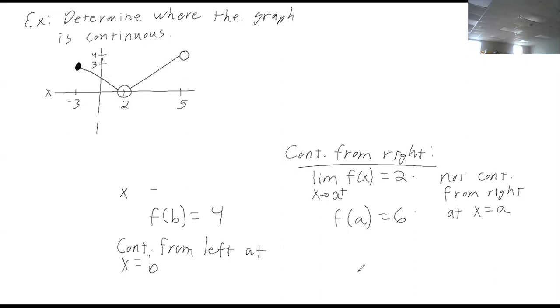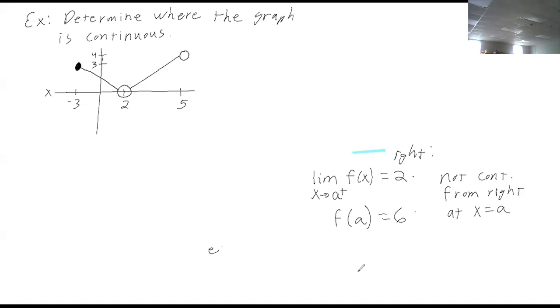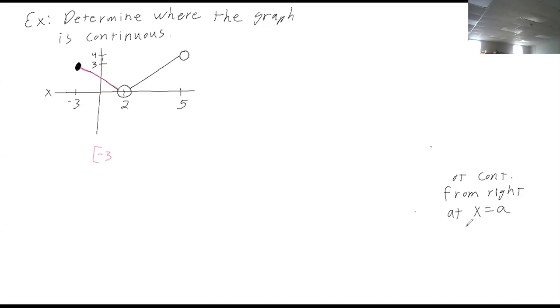Let me erase a little bit here to give me some more room. Let's take a look at this graph. Well, it looks like it's continuous right in here, and it sure is. So we could say it's continuous from -3 to 2.